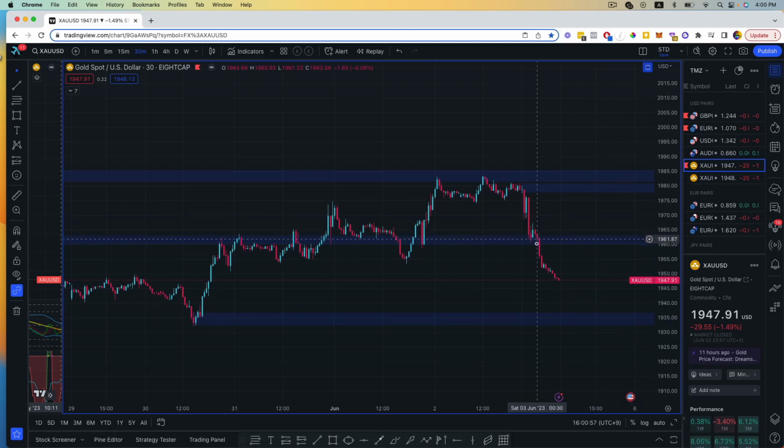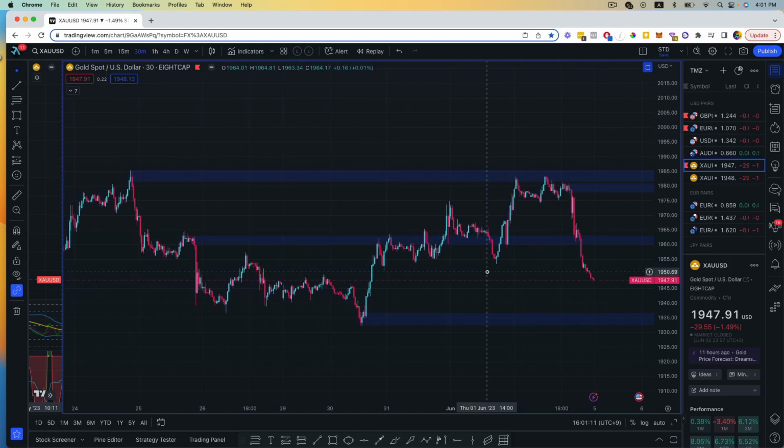If it goes down, creates a break of structure and change of character over here, which we'll talk about in future videos, you can then put a buy order over here and then go back up. So that is how you spot order blocks, and I'll see you in the next one.